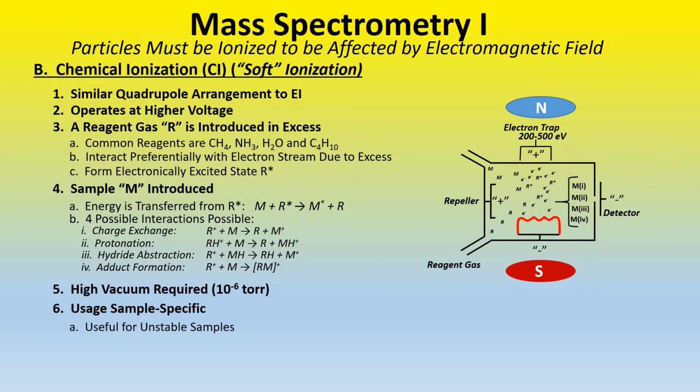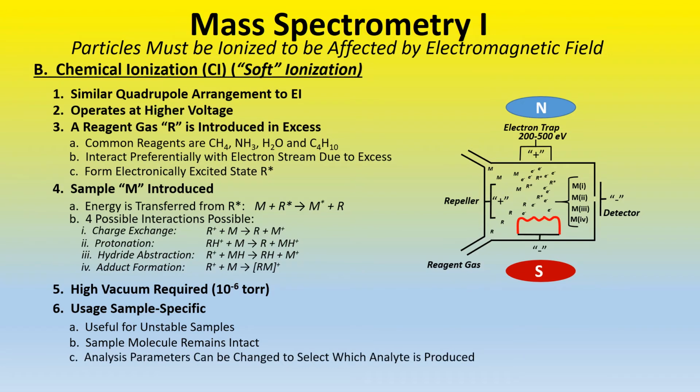It is very useful if you have an unstable sample where fragmentation would lead to a loss of information because the sample molecule remains intact. Additionally, what makes this so desirable and so useful is that by changing the analysis parameters, you can select which type of analyte, charge exchange, hydride extraction, or an adduct, is produced.